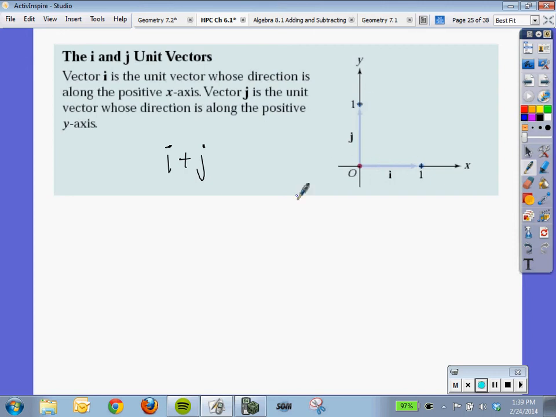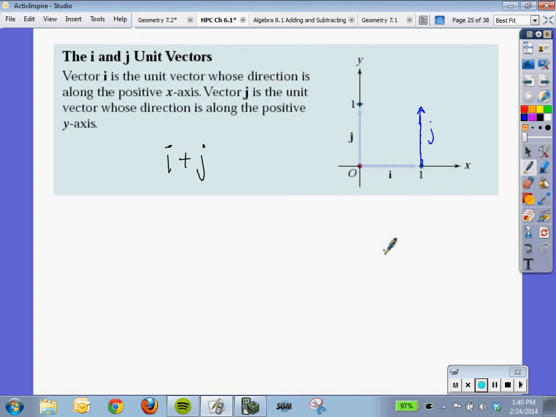Remember, when we look at the addition of two vectors visually, the resulting vector is created when we take the initial point of one and connect it to the terminal point of the other. So what I'm doing here is I'm moving j over to the right so that its initial point is right at the same position as the terminal point of i, right?